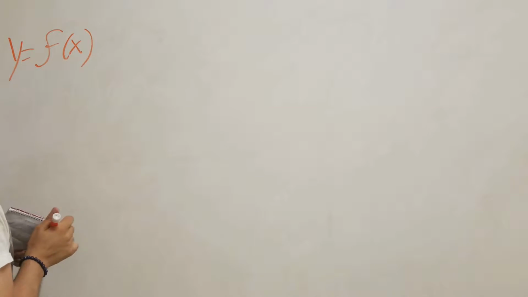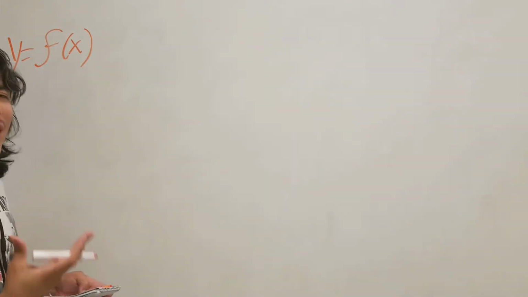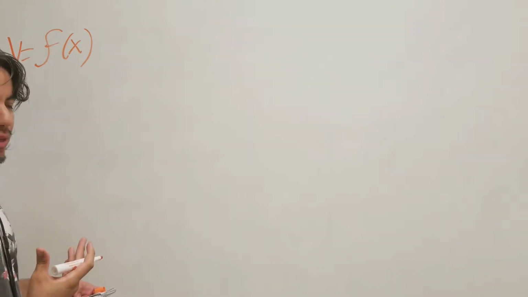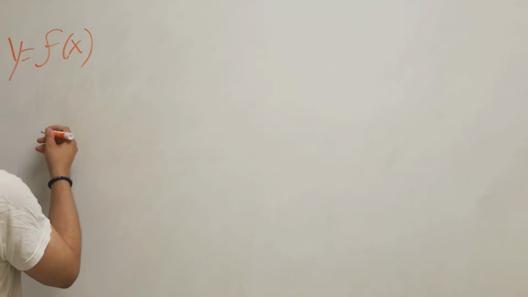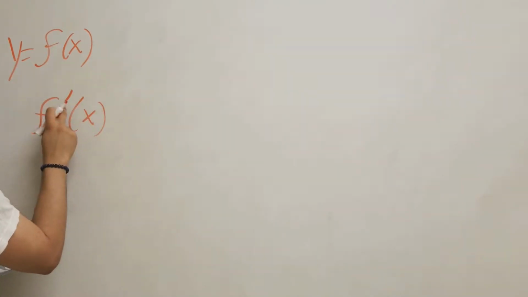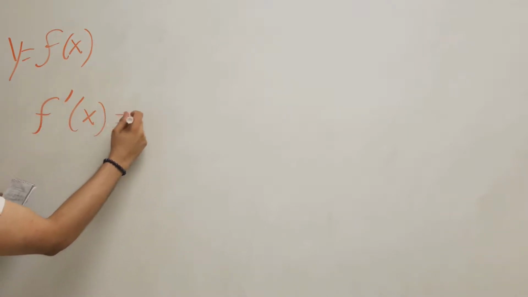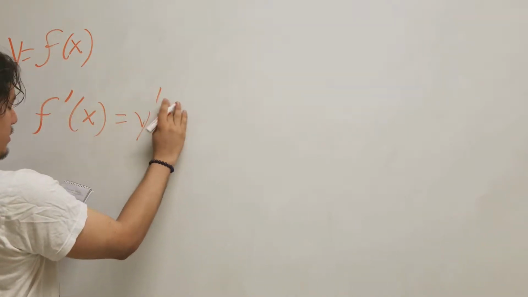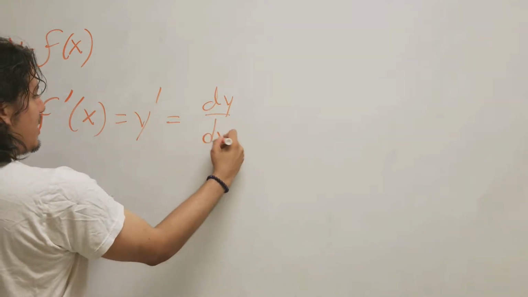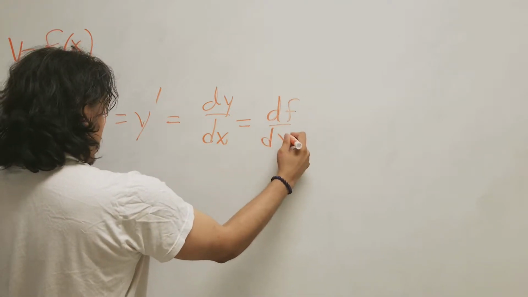So there is this interesting notation. There's several ways to introduce the differentiation notation. How so? Well, we have the little comma or the apostrophe there that says f prime of x, y prime of x, or just y prime, dy dx, df dx.